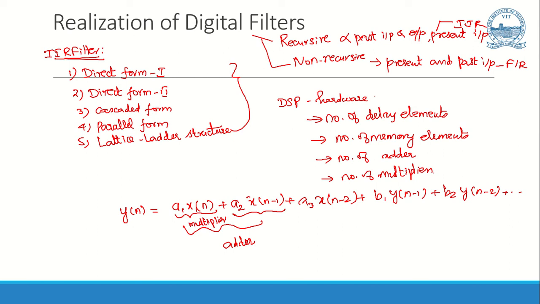And if I see this particular element x of n minus 1, it means x of n delayed by one sample, that is, the previous sample of x of n. So I am considering this as equivalent to a delay, or I can consider this as a memory. So how many elements I need for the realization of the filter is going to give you this classification.